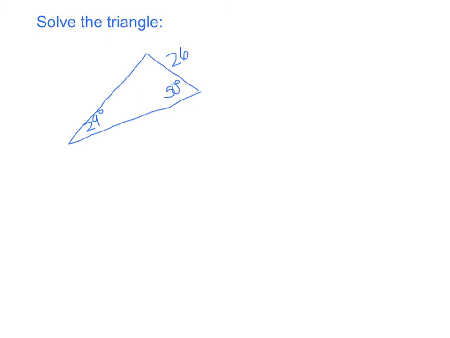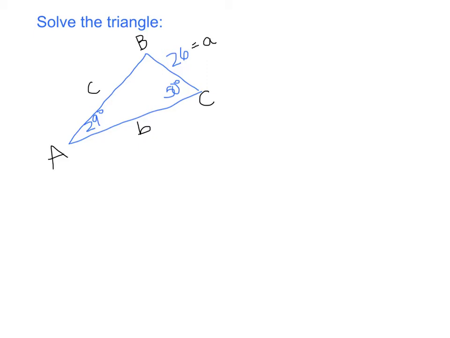If you notice, we already have two of the angles, 29 and 50. I suggest that you label your triangle A, B, and C, and it doesn't matter which way you label it. And this will be little b, little c, and you notice we already have little a.